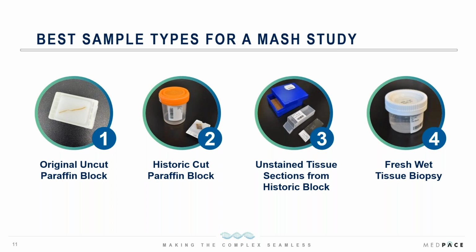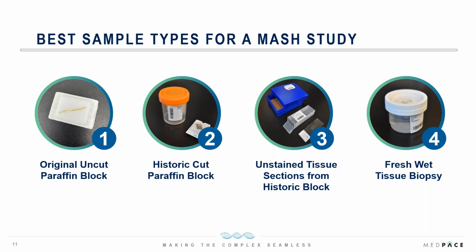Second choice would be the historic cut paraffin block from the site. Now, the downside to this is that the local pathology lab, again, may have been a little too aggressive in cutting that block, and there's little residual tissue left in the block, but there is tissue, but that's what's left. They can't put any more tissue back into the block. It is what it is.